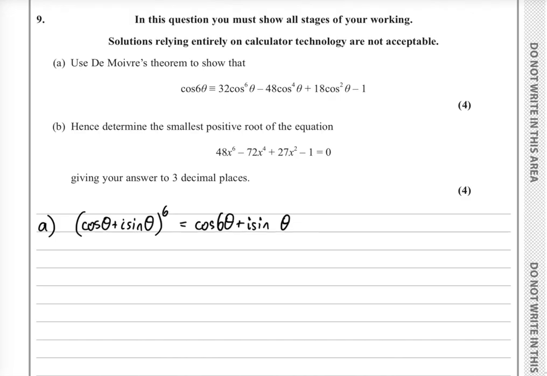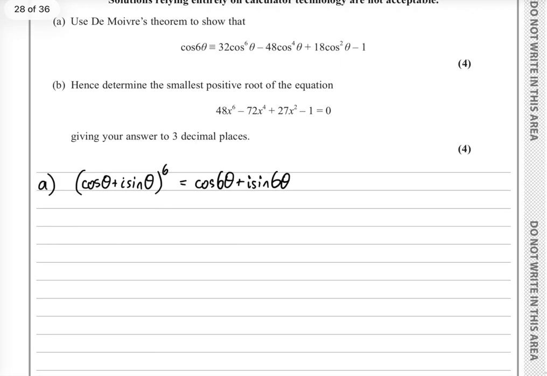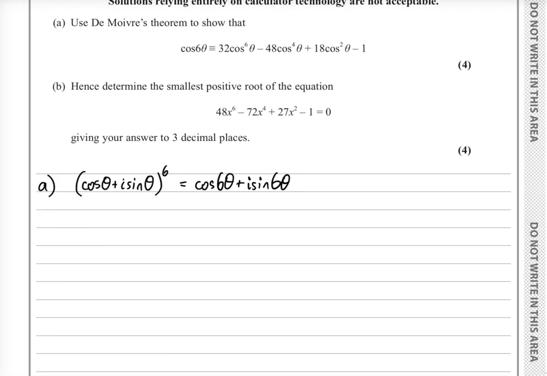it looks like this. So when we expand this bracket using our usual binomial theorem expansion, we can equate the real parts to the cos 6 theta on the right hand side. We do, however, have to expand this, which is not so quick. So we've got that 6 cos 5 theta i sine theta.